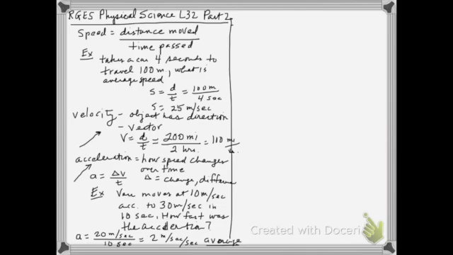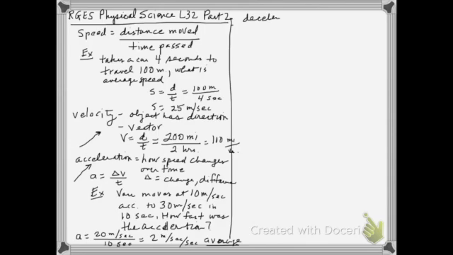All right, let's go ahead and go to this other side and work on kind of a new concept, and that is we want to look at deceleration now. And of course, deceleration would be something that's slowing down.